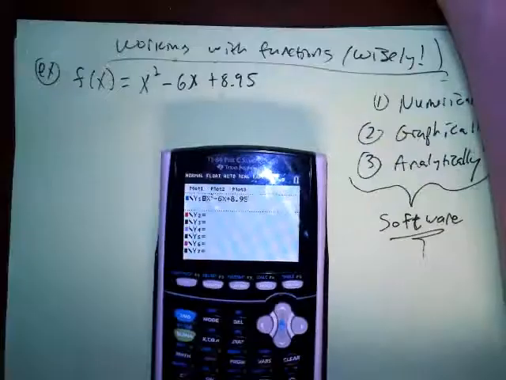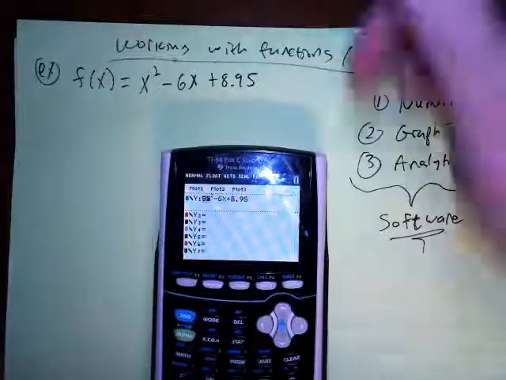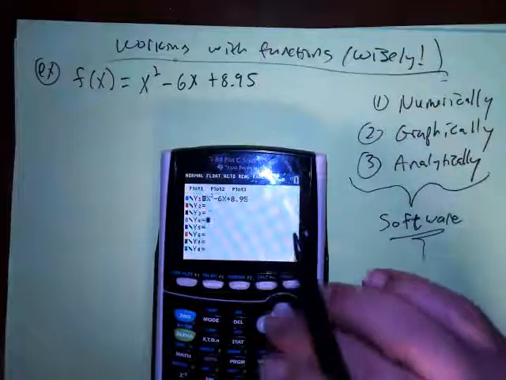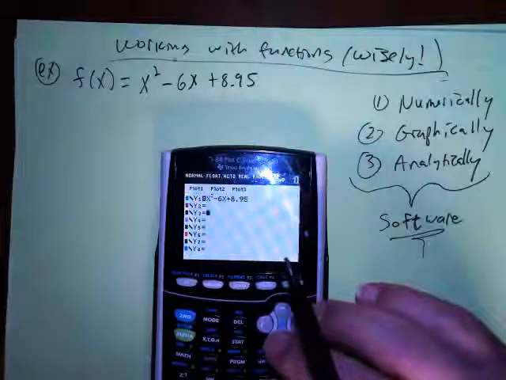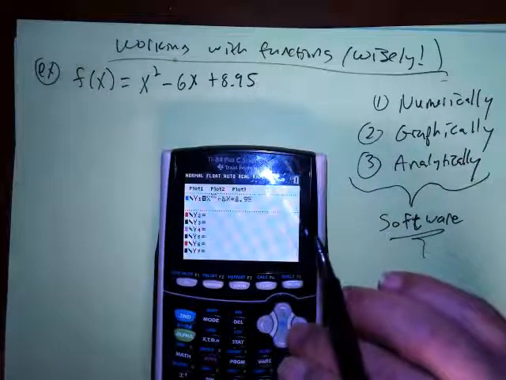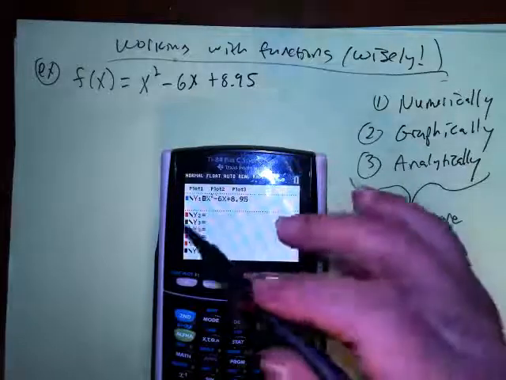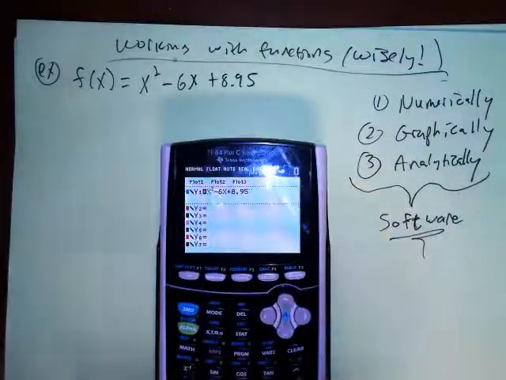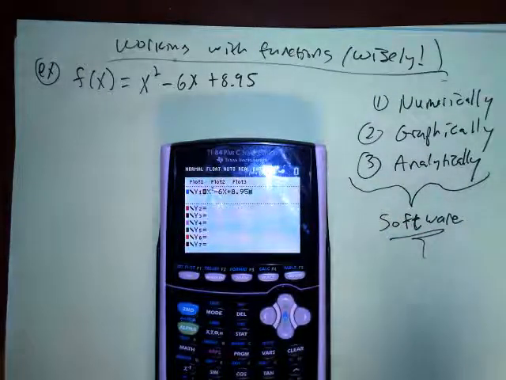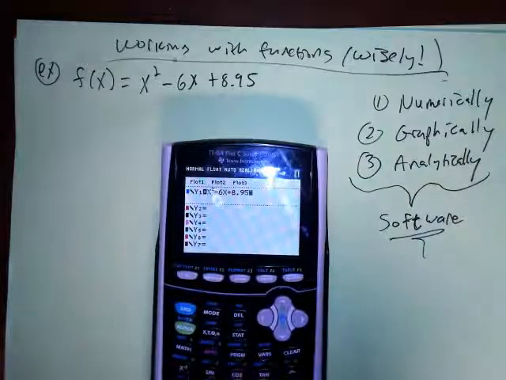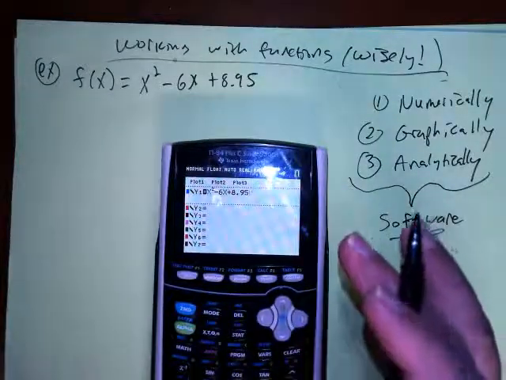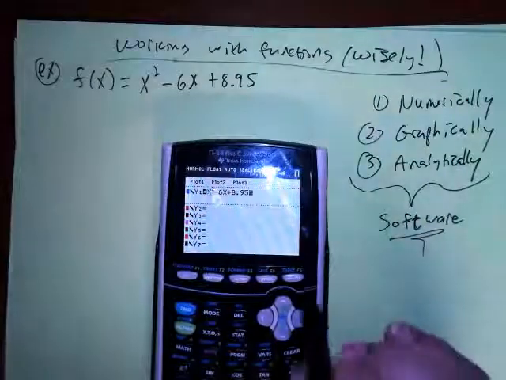You can put in 9 different functions here at one time and graph them all at the same time. And it even gives them all a different color. That's a new addition. When I was in college, they did have graphing calculators, but it was all black and white. Now they're in color, which is kind of cool.